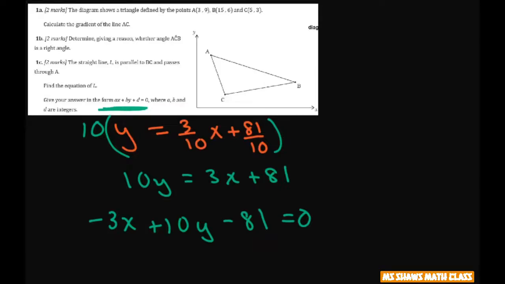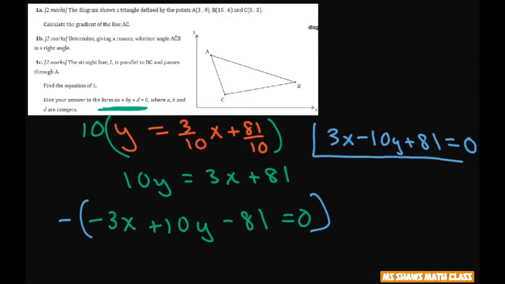And also, you can't lead with the negative, so negate everything, and you're going to get 3x minus 10y plus 81 equals 0. And they're all integers. And it tells you A, B, and D are integers. That means whole numbers, including positives and negatives. It means no fractions. And that's it.